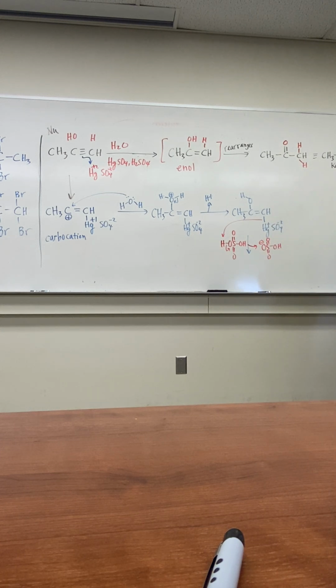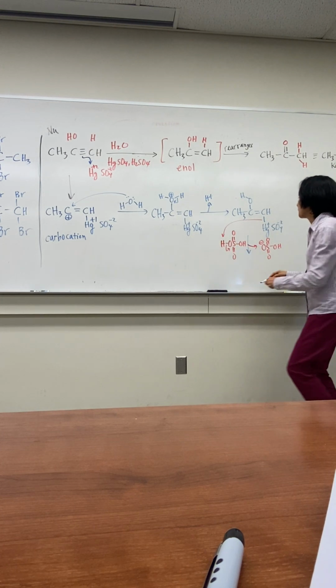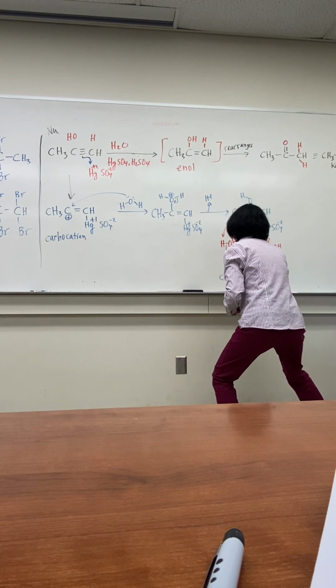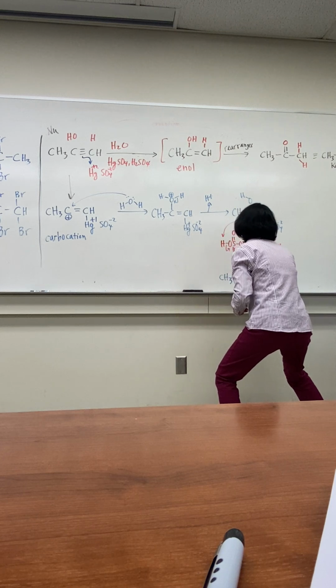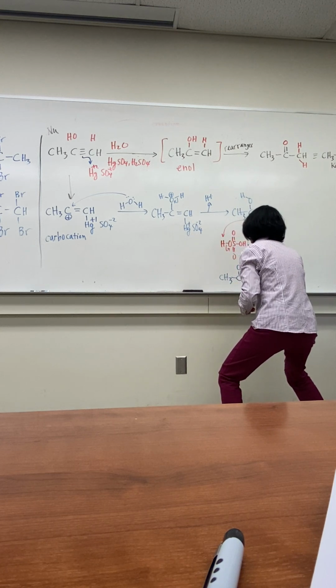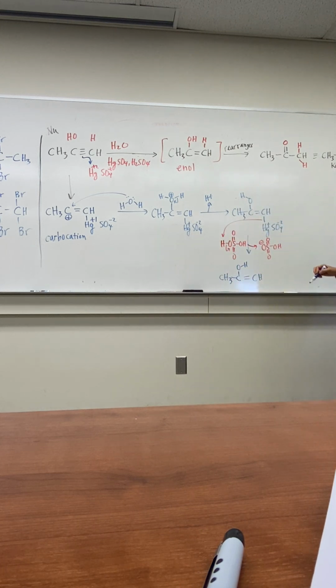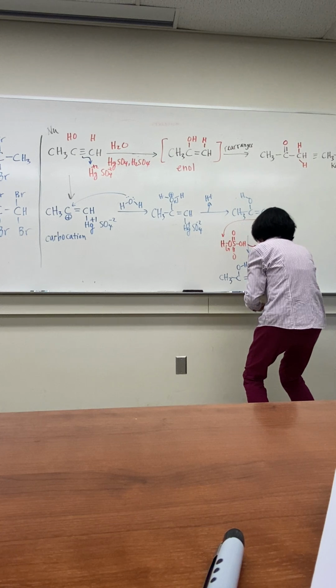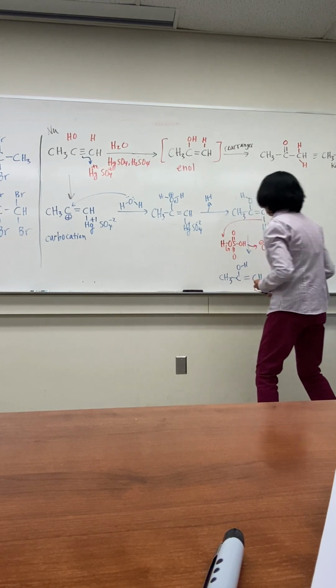So then what happens to your mercury? So I made this pair of electrons pick up the H plus, right? So we're gonna write the structure CH3, C, OH, and then double bond CH, okay? So I pick up one H, right? So the H went here, okay?